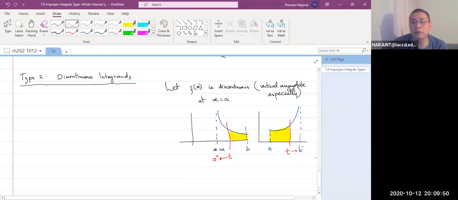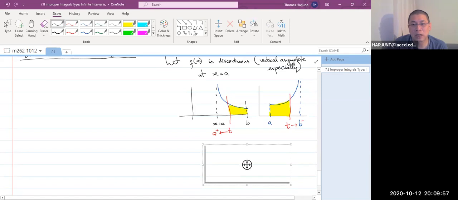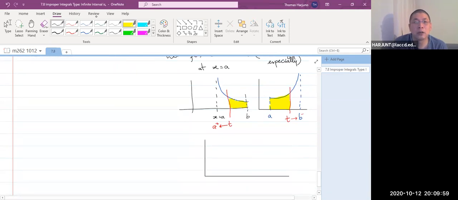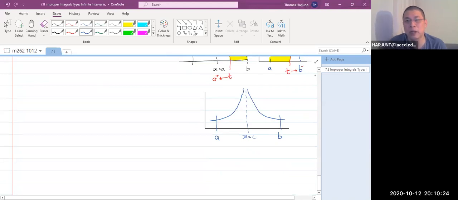Now, what happens if it has a discontinuity in between? Let's say I have this discontinuity at x equals c, and the curve looks like this. So it escapes to infinity. And then you want to integrate, let's say, from a to b. So yes, you will break the integral.